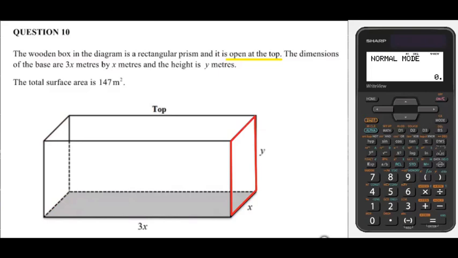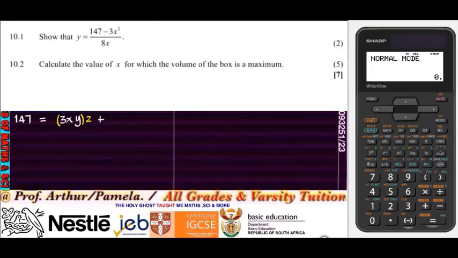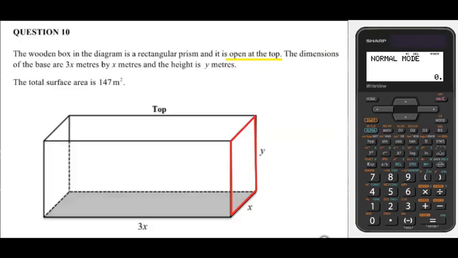It's x times y, but we're going to have to double that. So it's going to be xy, but we need to double that. All right, then we need to add the other one.